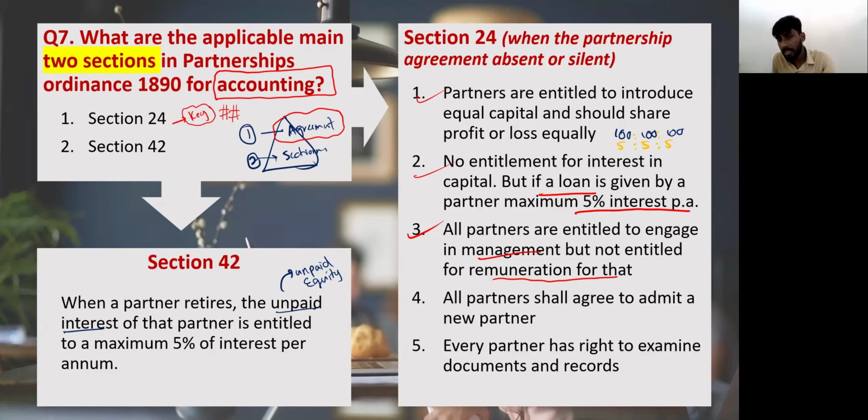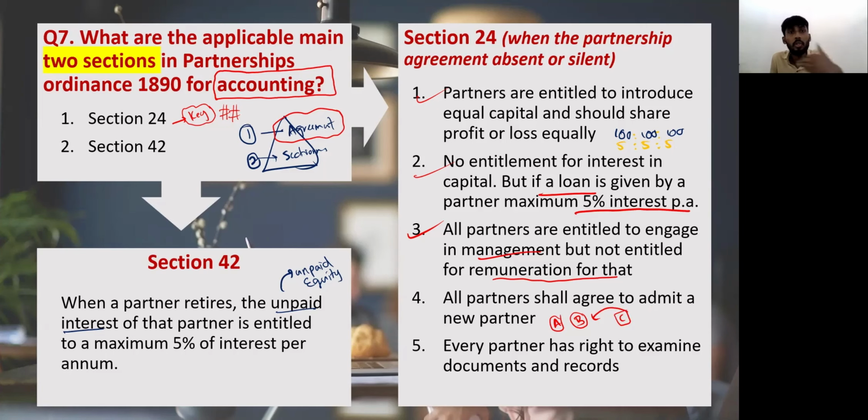Clear. Then all partners shall agree to admit a new partner. Now here we already had A and B. Now another partner named C wants to enter into this partnership.